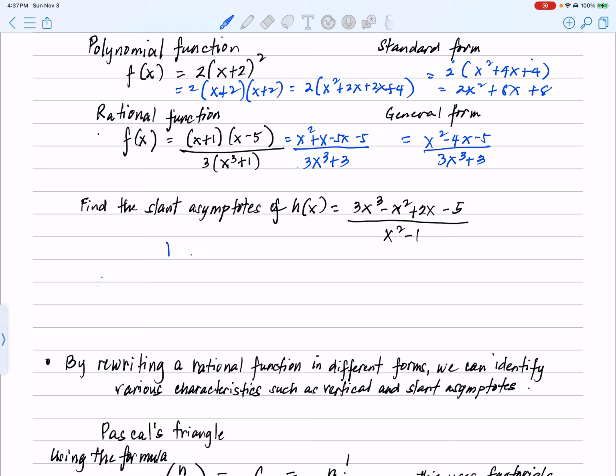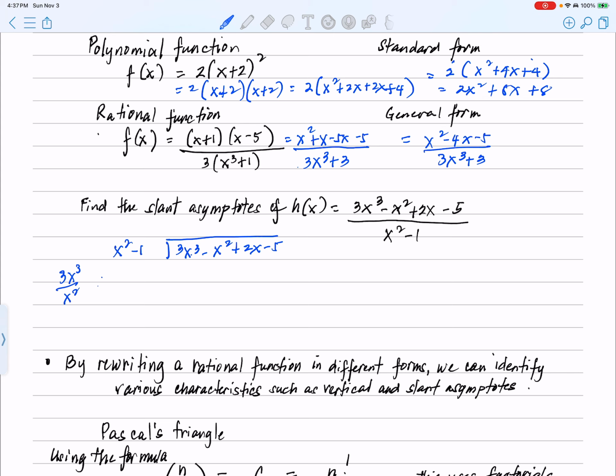So we say 3x cubed minus x squared plus 2x minus 5, we divide it by x squared minus 1. Okay, first term to first term. So what is our first term here? 3x cubed divided by x squared.